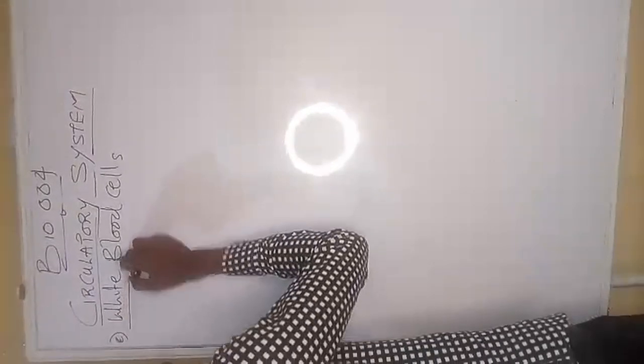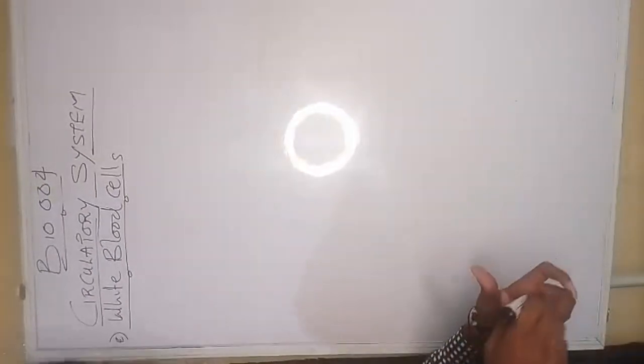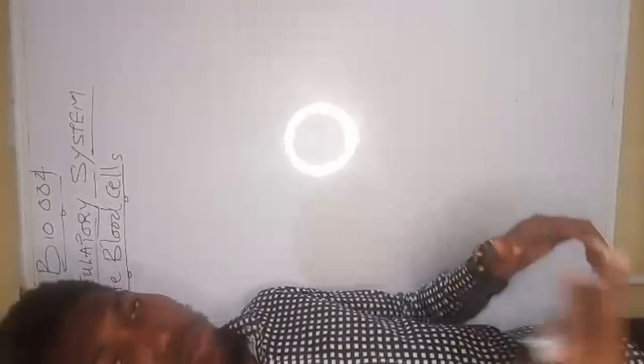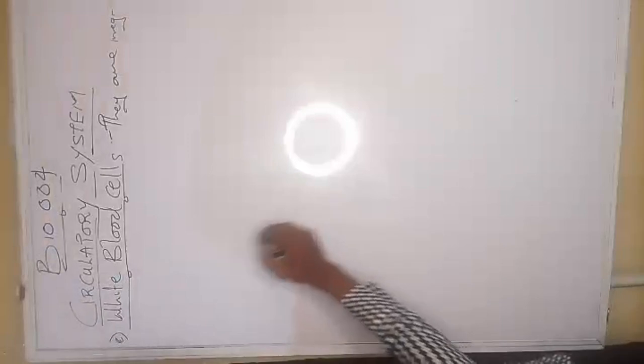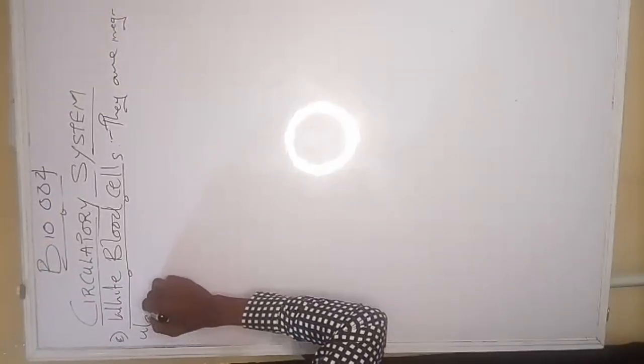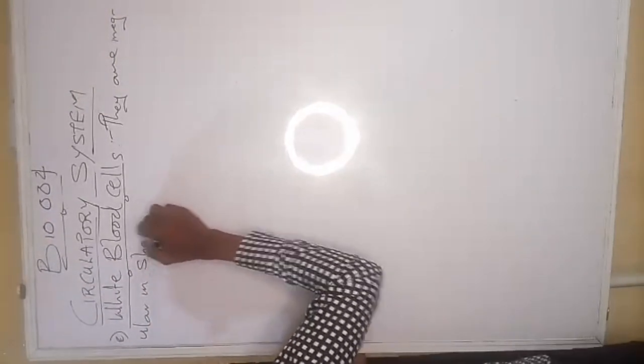Now these white blood cells. Remember we said the shape of the red blood cells, those ones are what? Round biconcave. While your white blood cells, they are irregular in shape.